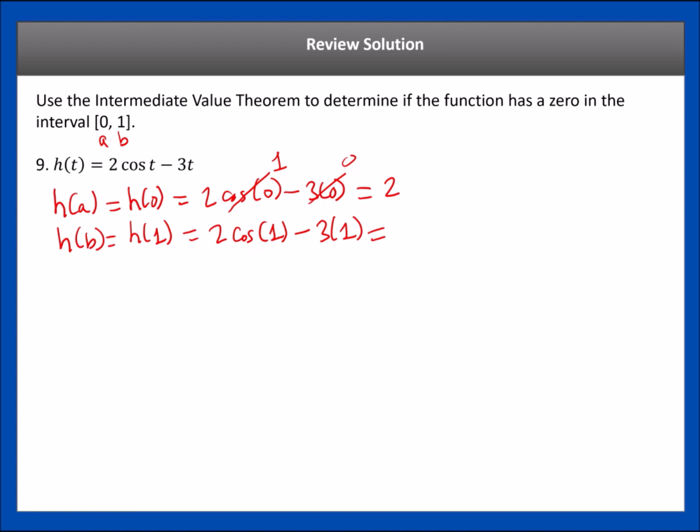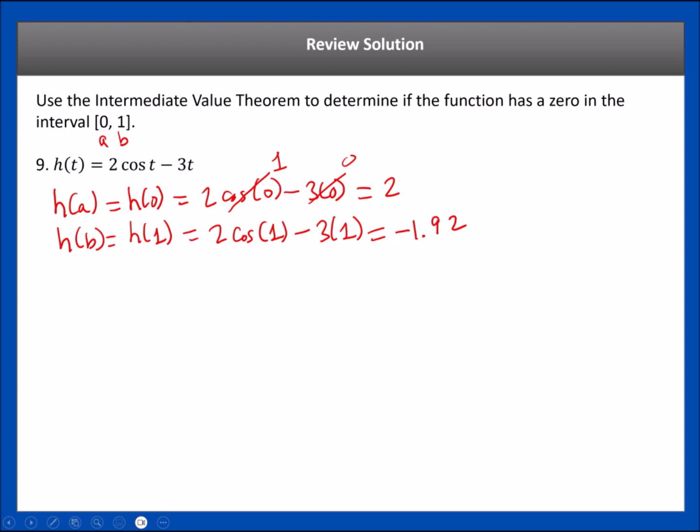So let's go ahead and do that on the calculator real quick. 2 times cosine of 1 minus 3. Okay, if I plug it into the calculator, I get negative, and this is in radians, not in degrees. So negative 1.92 or so.